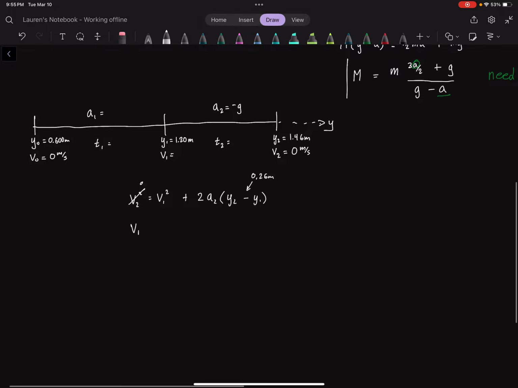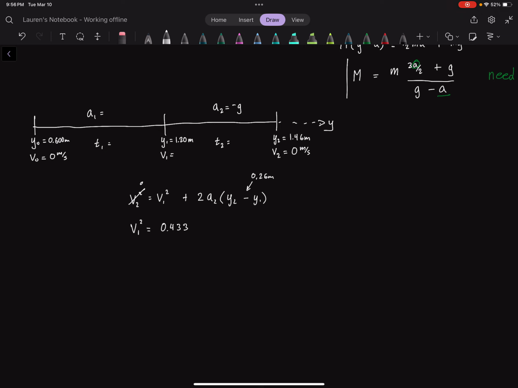So V1 is equal to the square root, yeah? Or maybe we just leave it squared, since we'll probably use the same equation next. We won't know nor care about T, so we're going to have to plug it in for V squared. So we'll just leave it here. V1 squared is equal to 2G times that 0.26, right?